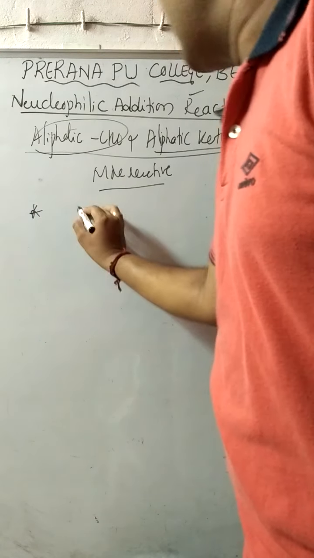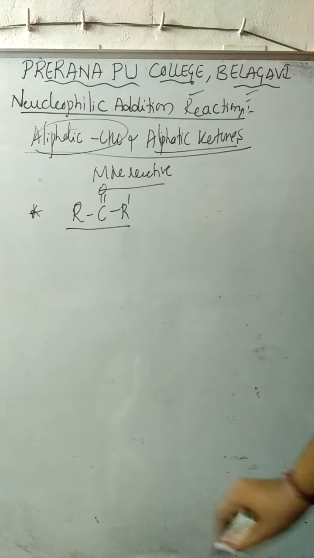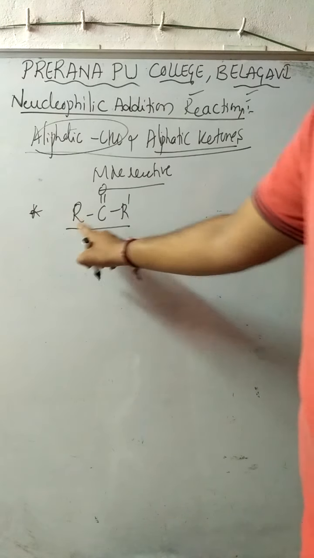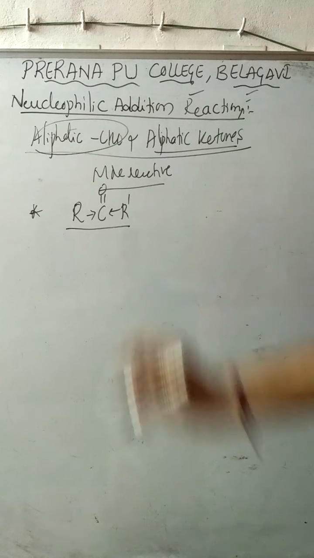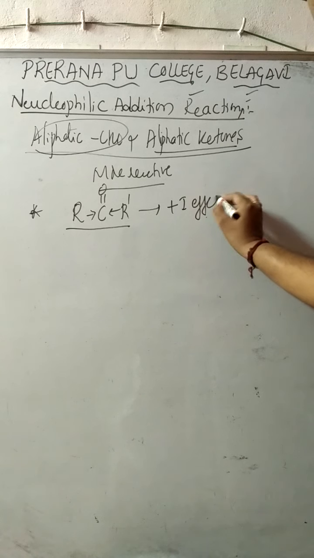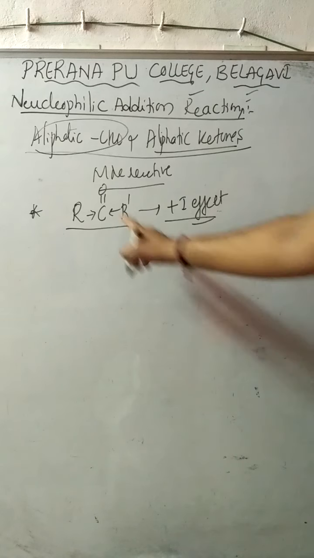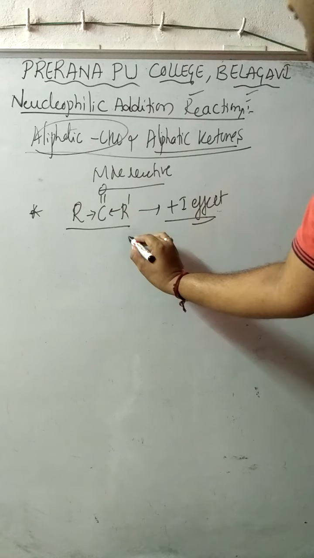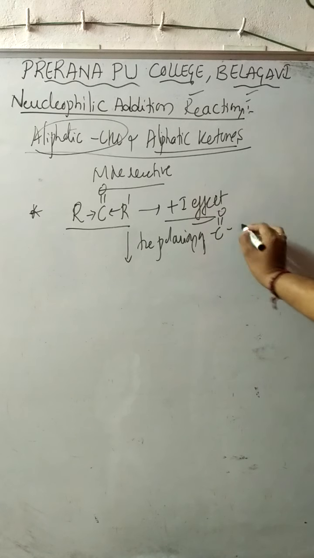This is majorly because when I consider an aliphatic ketone, this is the general representation of a ketone. If I consider R and R dash as alkyl groups, both R and R dash donate electrons towards the carbonyl carbon. So when they donate electrons towards the carbonyl carbon, there is an influence of a positive inductive effect. Due to this positive inductive effect, the electron density on the carbonyl carbon increases, which simultaneously decreases the polarity of the carbonyl group.